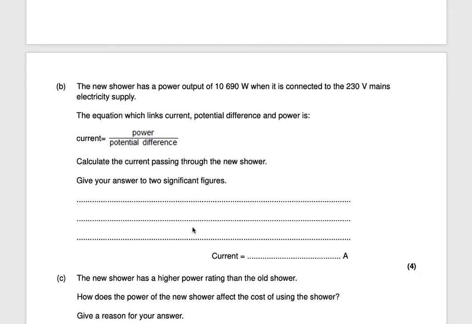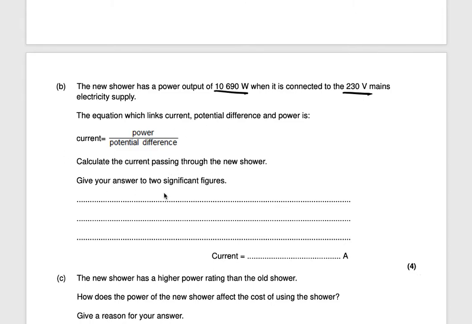Next question. The new shower has a power output of 10,690 watts when it is connected to the 230 volt mains electricity supply. The equation which links current, potential difference and power is there. Calculate the current passing through the new shower. So we have the power output and we have the potential difference.